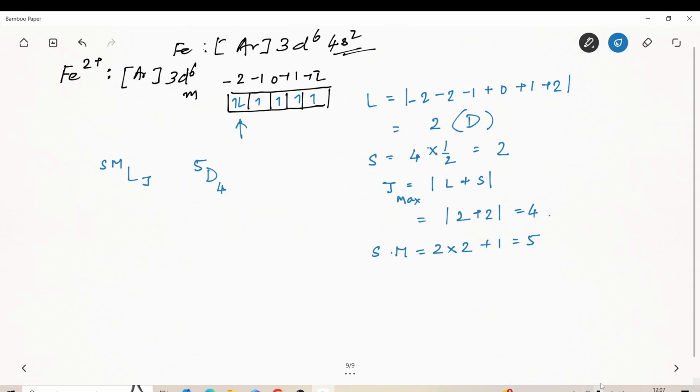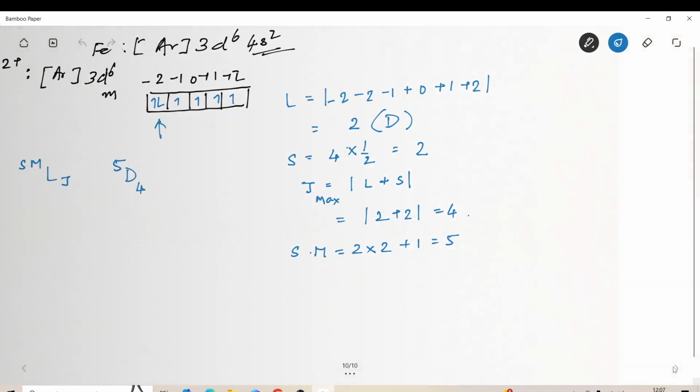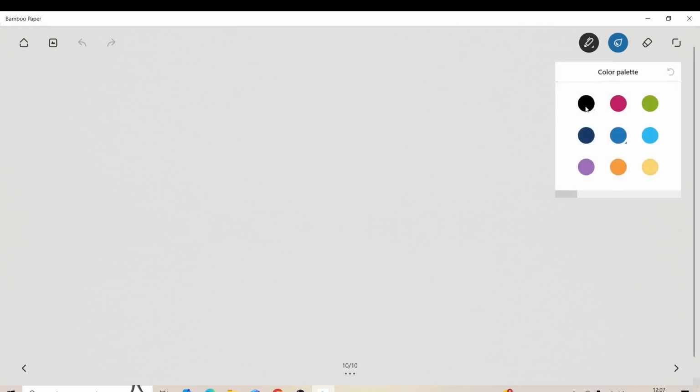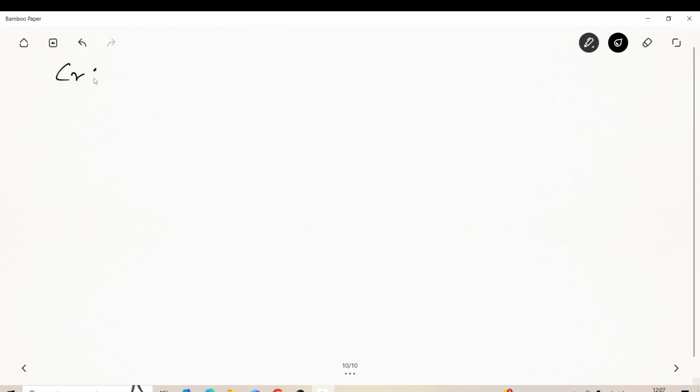Let us consider another example. For example, say if you look at chromium, if you write down the electronic configuration of chromium itself, and if you want to find out the ground state term. Okay, so chromium, you know the configuration, already you know this, argon 3d5 4s1. So this is the electronic configuration of chromium, right?